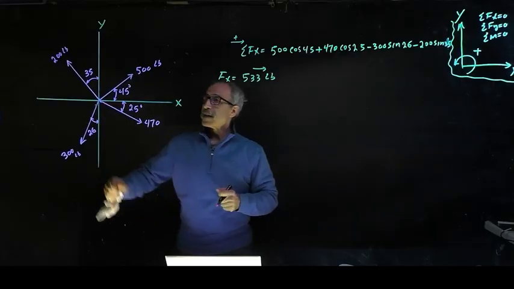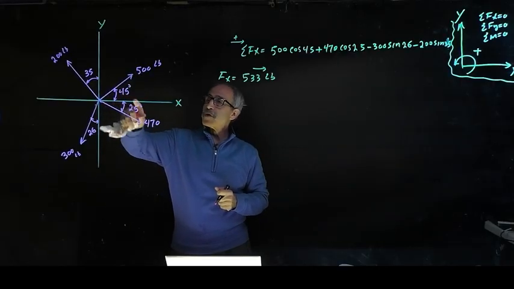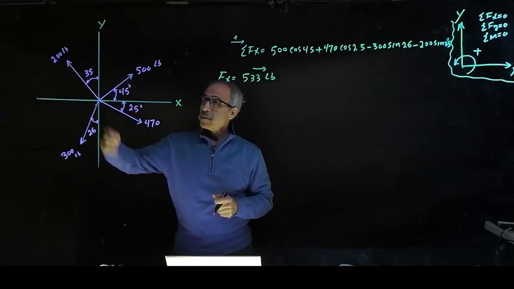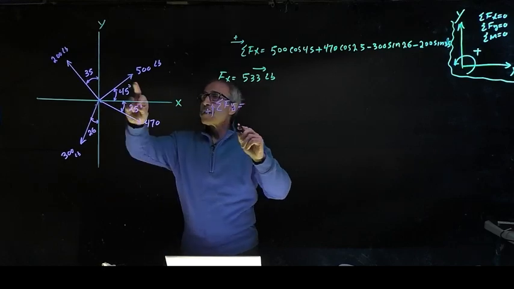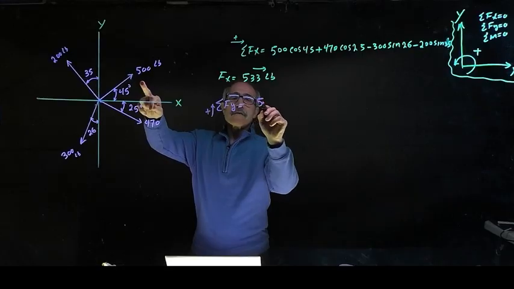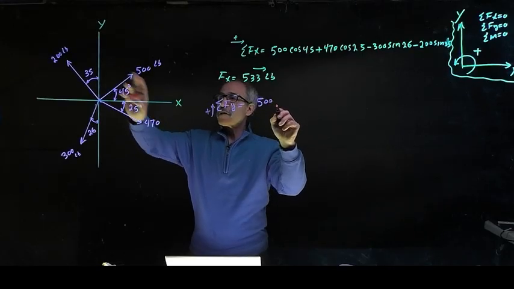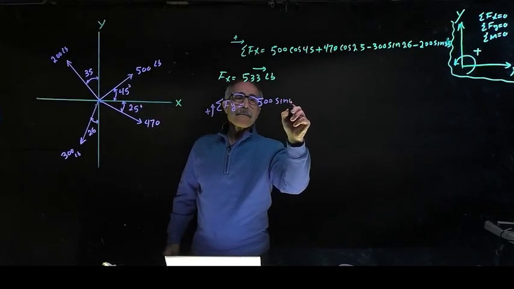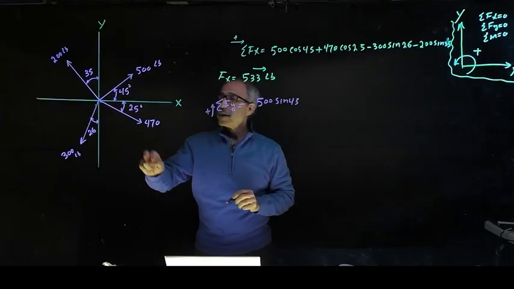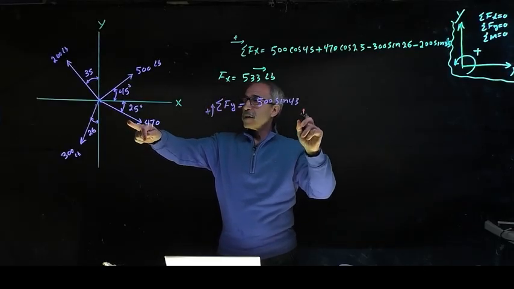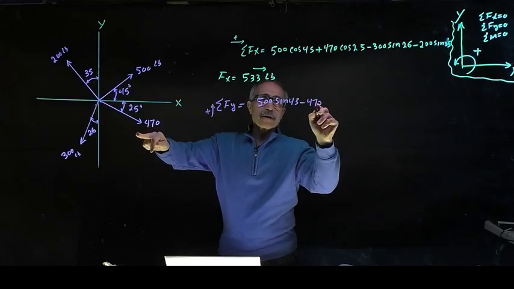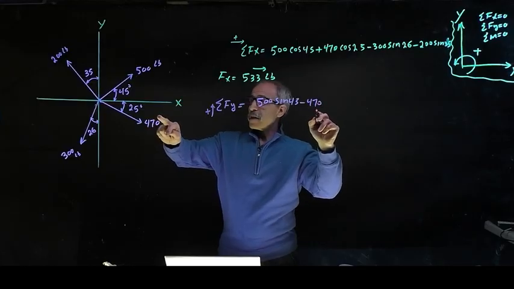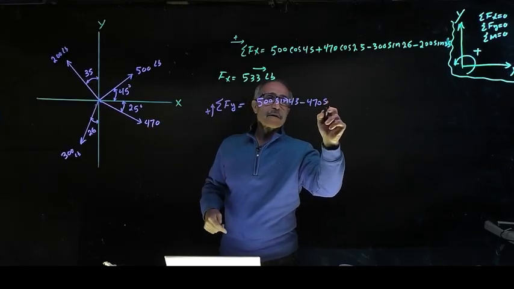I'm going to take the y component of each one of these individual forces and add them up. So I'm going to say, okay, summation F of y is equal, going up is positive. This is going up, so that's going to be 500 sine 45, and that's the vertical component of it. And then this is going down, so it's going to be minus 470 sine 25.